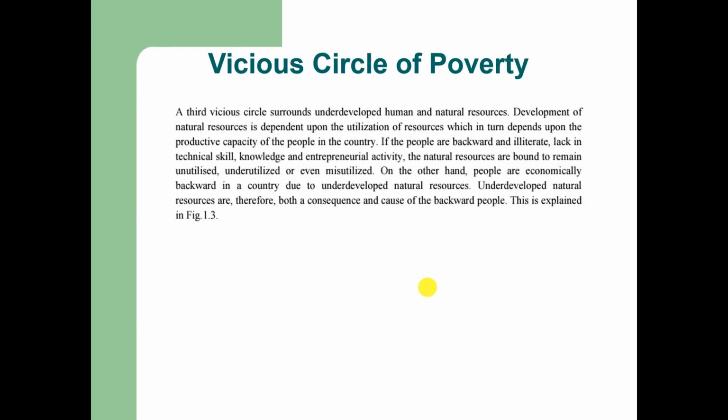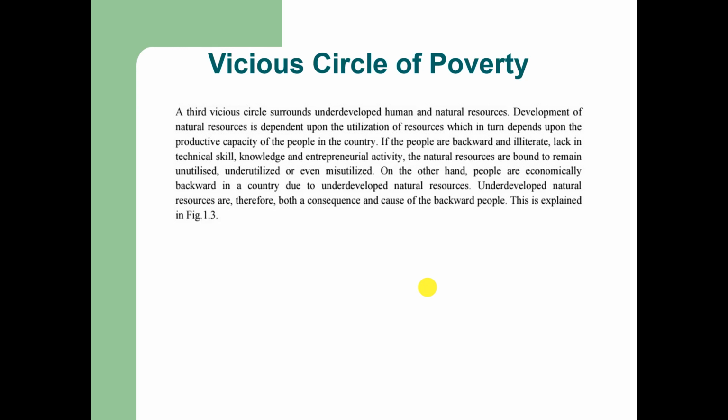There is another vicious circle of poverty in underdeveloped countries that surrounds underdeveloped human and natural resources. Development of natural resources depends upon the utilization of resources, and that in turn depends upon the productive capacity of the people in the country. If people are backward or illiterate, and if they lack technical skill, knowledge, and entrepreneurial activity, the natural resources are bound to remain unutilized, underutilized, or even misutilized.